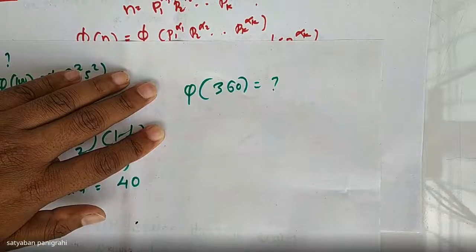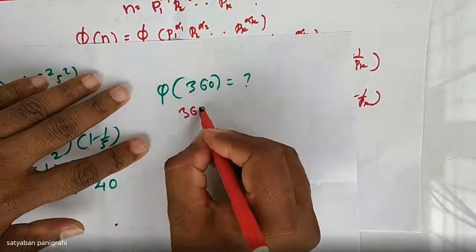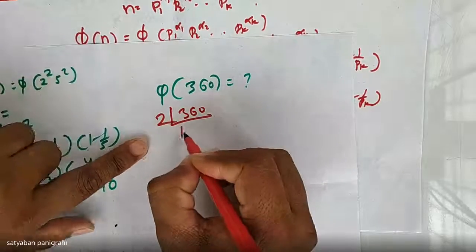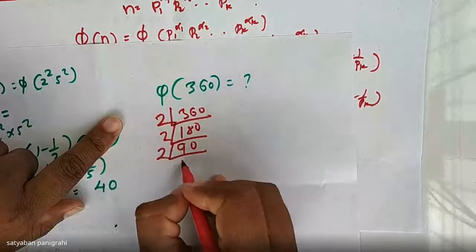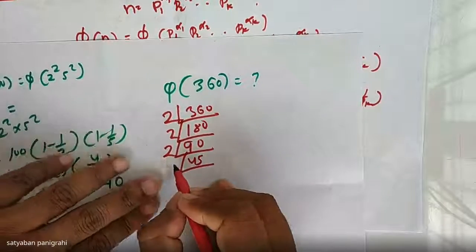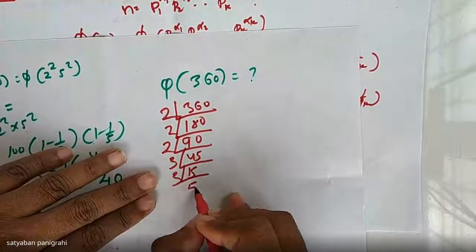First work is to make the factorization. 360 is written as 360, 180, 90, 45, 15, 5.